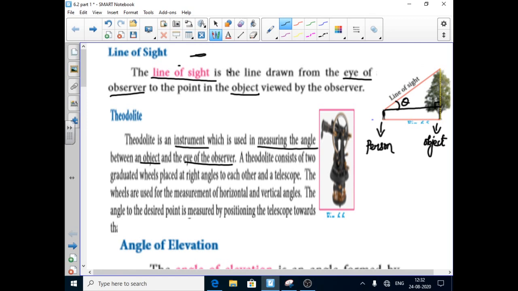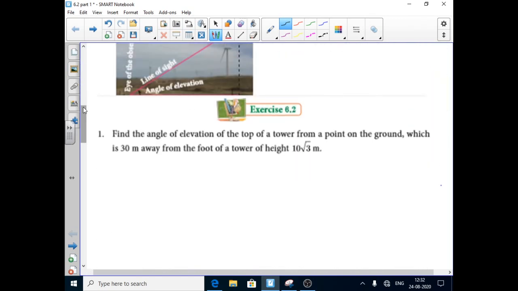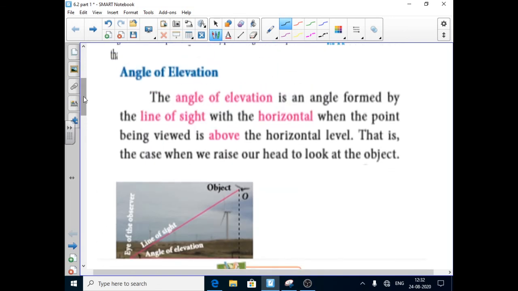Next one, angle of elevation. Angle of elevation is the angle formed by the line of sight with the horizontal line when the point is being viewed above the horizontal level, that is, when we raise our head.